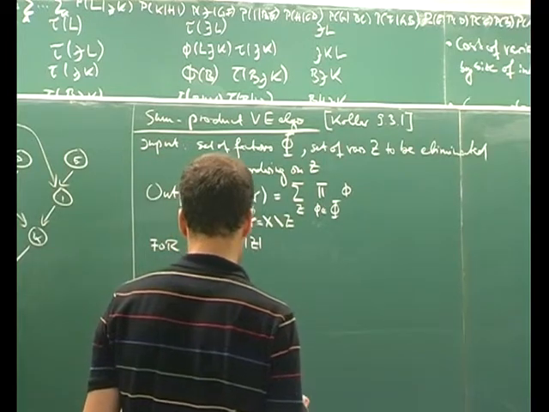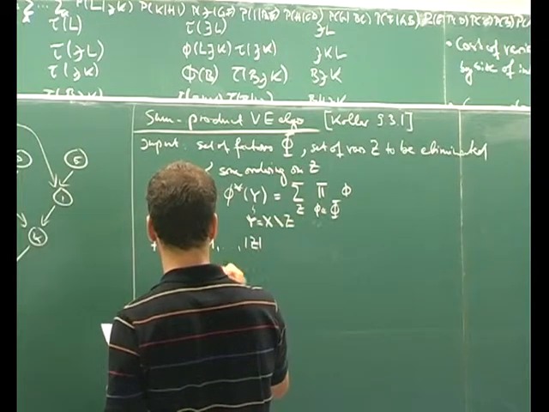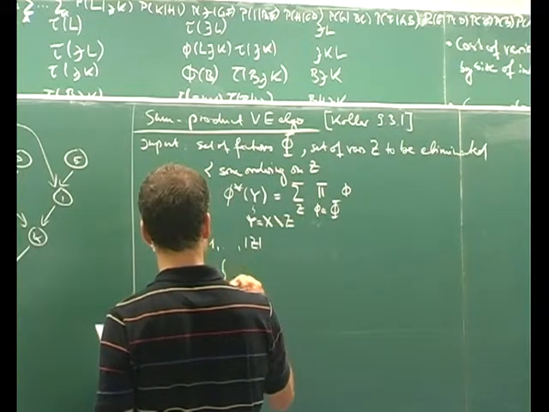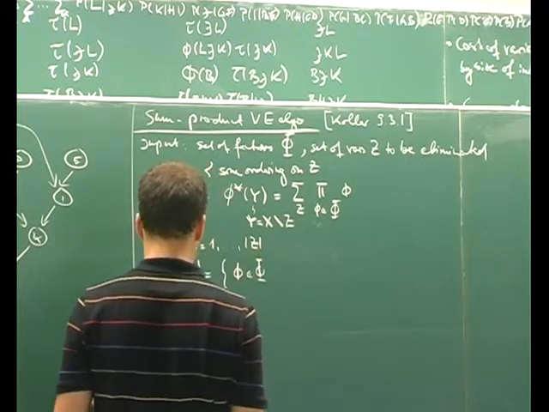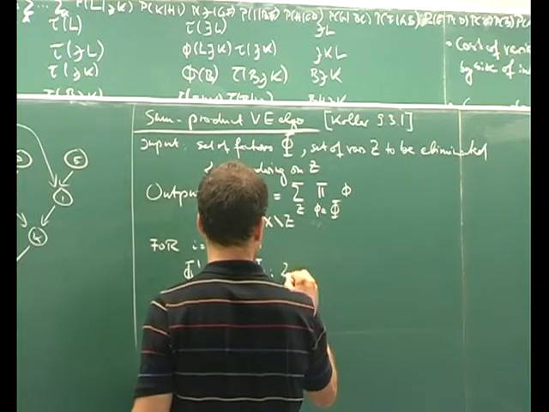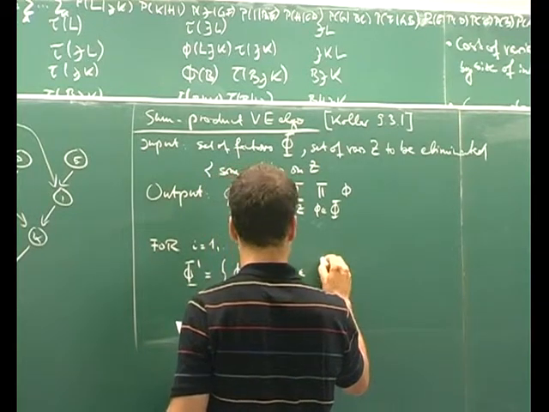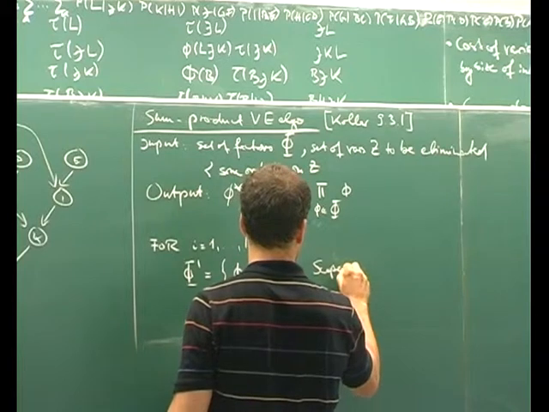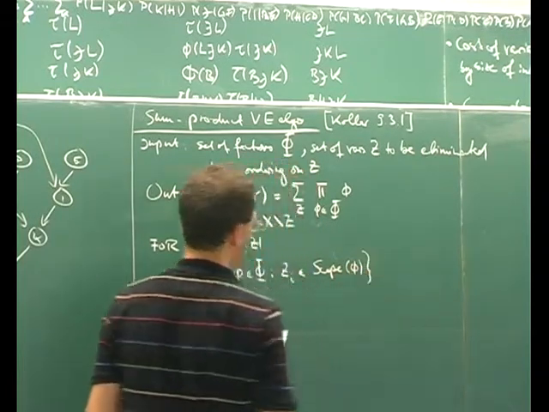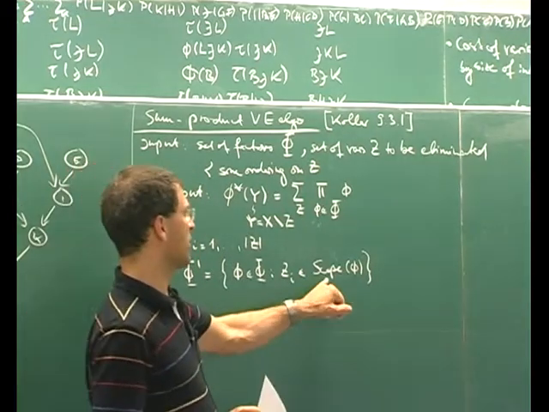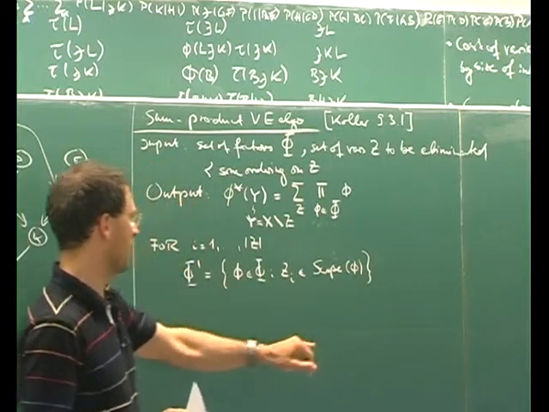We compute the set of all factors that involve one of the variables that should be eliminated. So scope of phi simply says which variables this specific factor depends on.